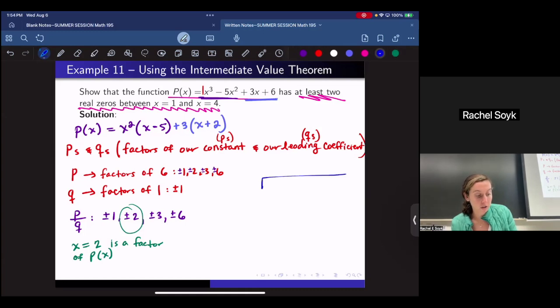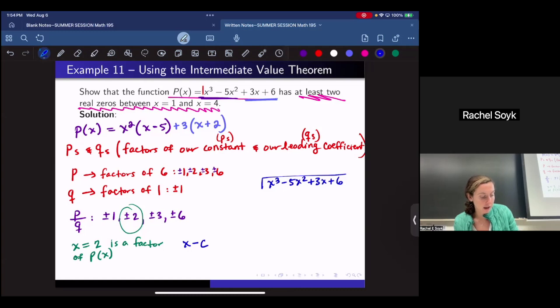So essentially what we're doing is we're taking this whole polynomial, x to the third minus 5x squared plus 3x plus 6, and we're dividing it by our factor, but we can't just divide it by 2, because it wouldn't make sense. 2 is our factor, and our factor is always written in the form of x minus c.